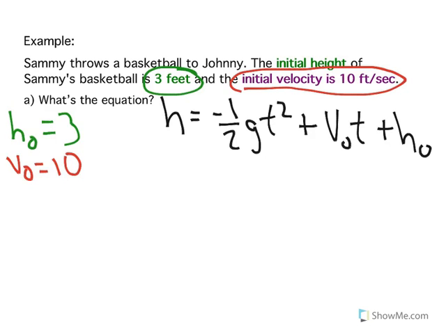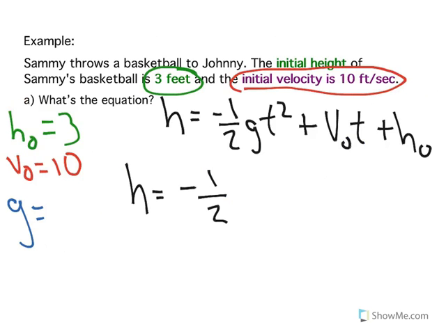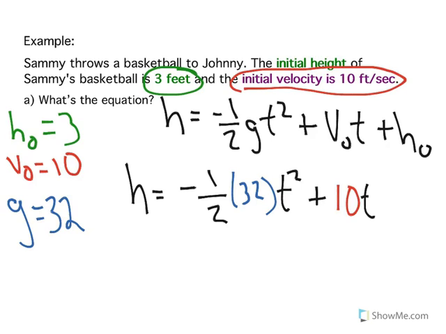So we're going to plug those into our equation to get a general form. h equals negative 1/2. We're also going to plug gravity in. If we're talking about feet, gravity is 32. So G is going to be 32. So negative 1/2 times 32 t squared plus the v sub 0 is 10, so 10t, plus h sub 0 was 3.